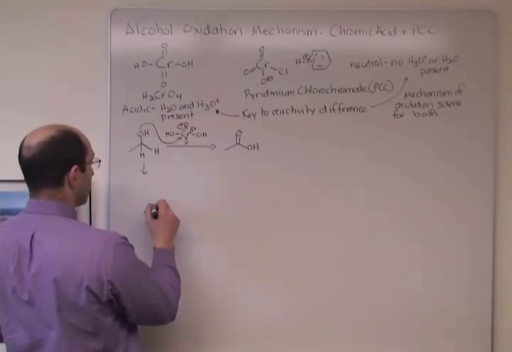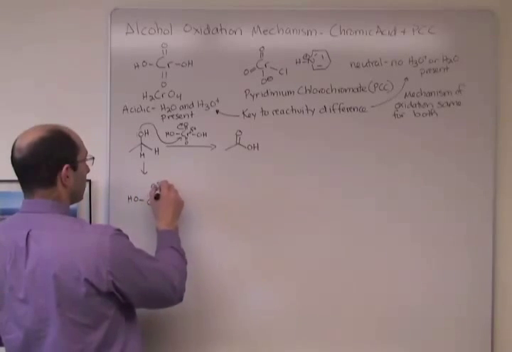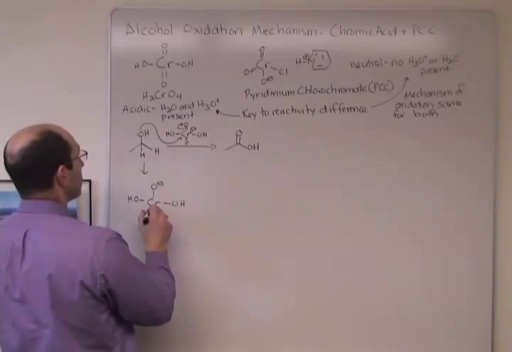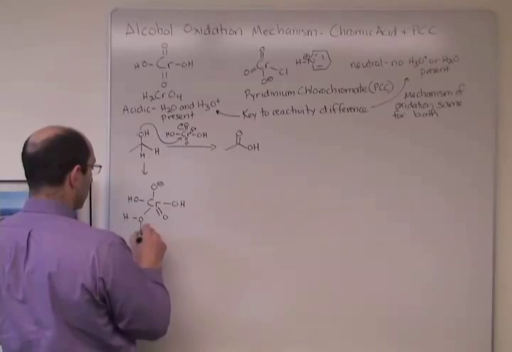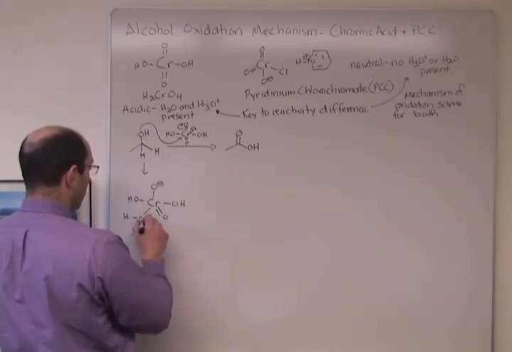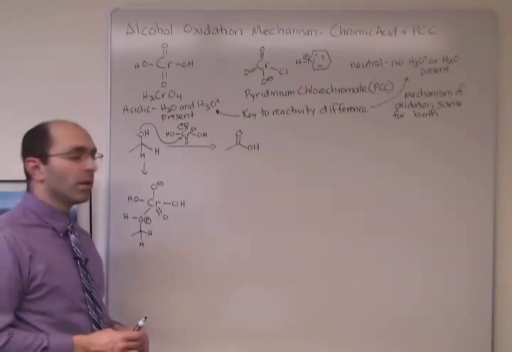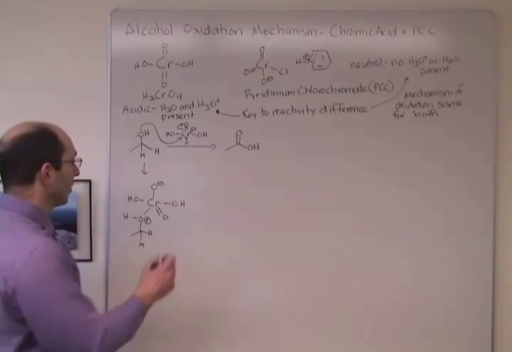So we get an intermediate that looks like that, where we've now connected the alcohol to the chromium. Right.